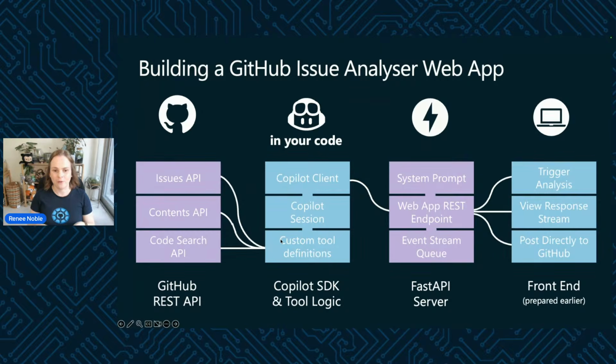We're going to create 4 different custom tools that help us leverage existing APIs from GitHub, and they're going to be part of our Copilot SDK tool logic kit that it is able to access as part of that agentic loop in the Copilot client and the Copilot session that we're going to set up. Those 2 parts are part of the SDK, and we're plugging our custom tools into that to make it useful for our use case.